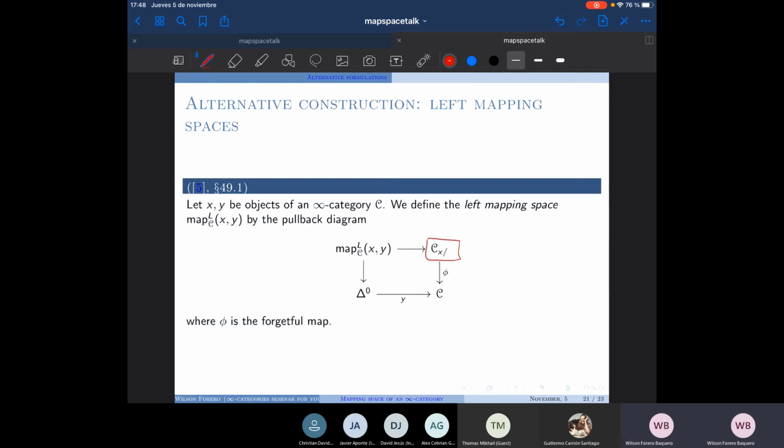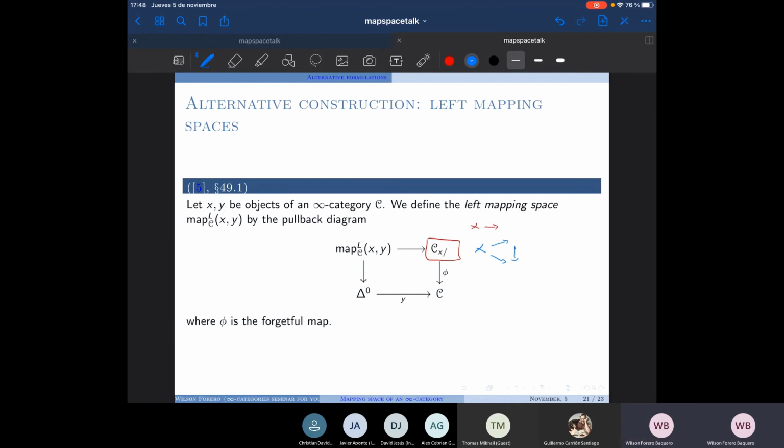If somebody doesn't know what this category is, just think that level 0 is all the arrows whose domain is X, and level 2 is the two-simplices whose first point is X, and so on.